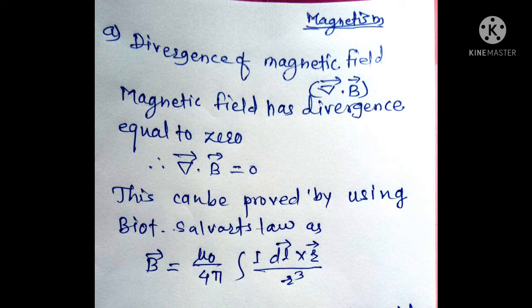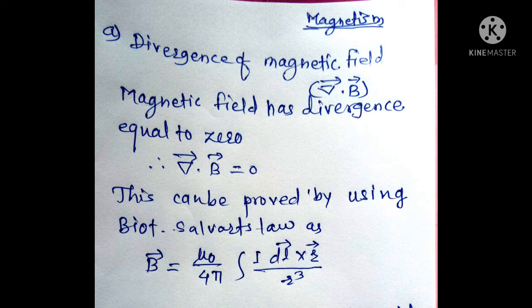We can interpret this by saying there is no net flow of magnetic field across any closed surface. That is, magnetic field has divergence equal to 0, that is del dot vector B equal to 0.